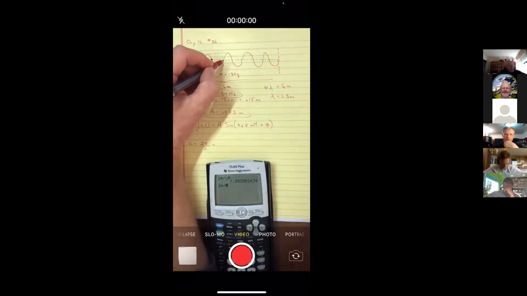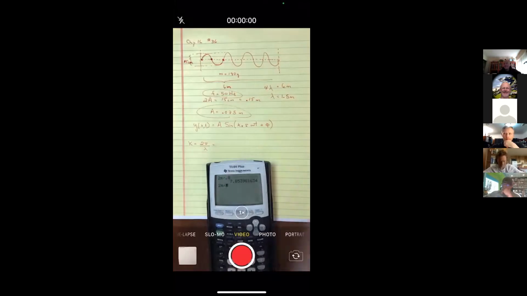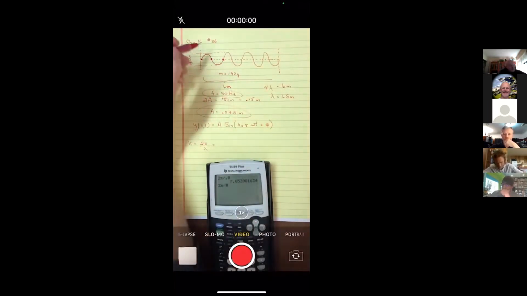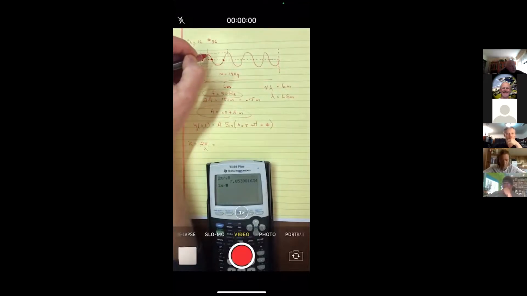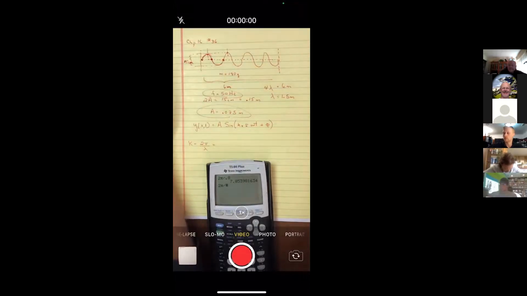We have to go to a 0 that is on its way up. I think it's a little bit easier to see the wavelength when you go from crest to crest, from the top of this one to the top of that one, which is the same distance as from this 0, not this 0, but that 0.